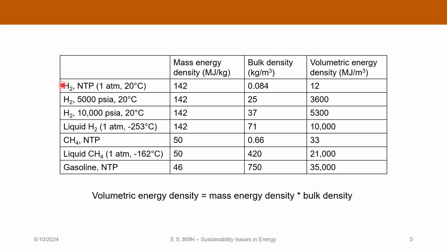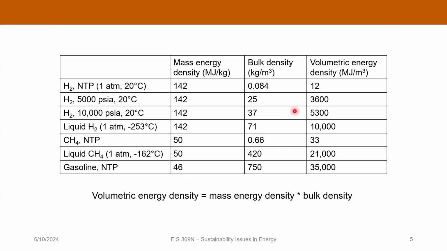If we're looking at normal temperature and pressure, hydrogen has a mass energy density of 142 megajoules per kilogram. That's almost 3 times the mass energy density of methane at the same conditions, and higher as well than gasoline.